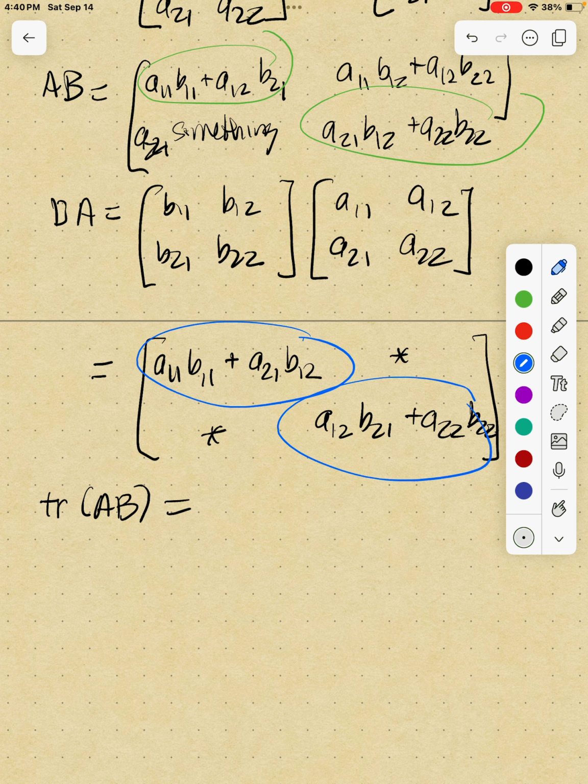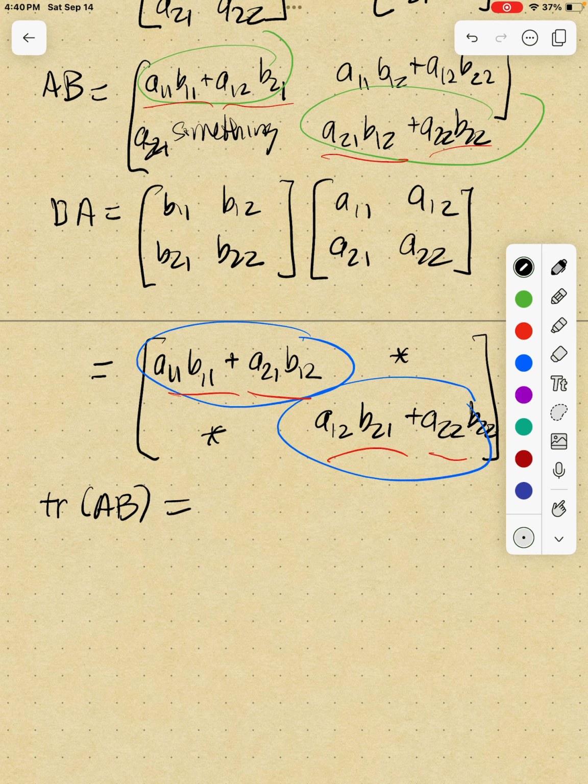Now, do you get the same thing? Yes, because this term matches with that term, and that term matches with that term.